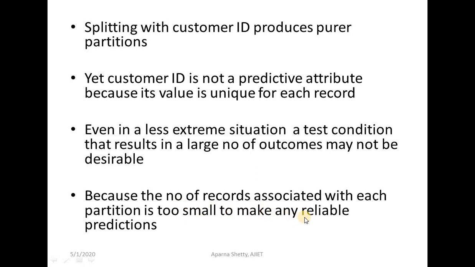Here if you take customer ID only, if you have a condition to test the customer ID, since each customer ID is different, you will have many outcomes from this test condition, correct? And also the number of records associated with each partition is too small.